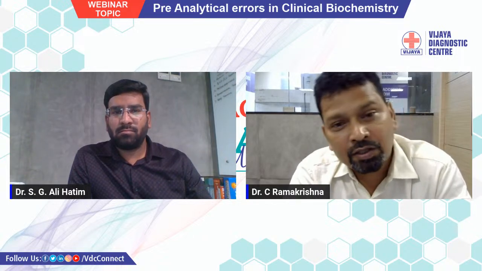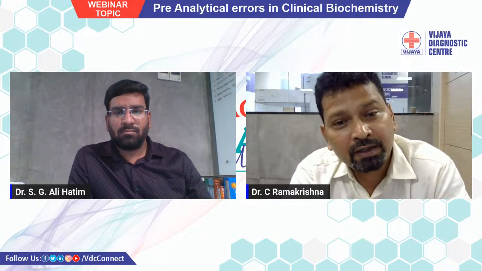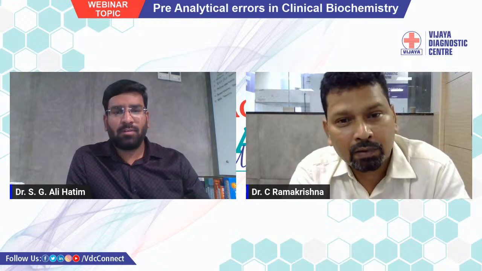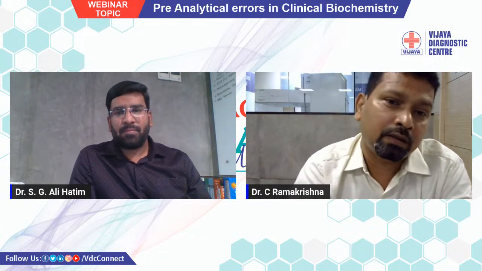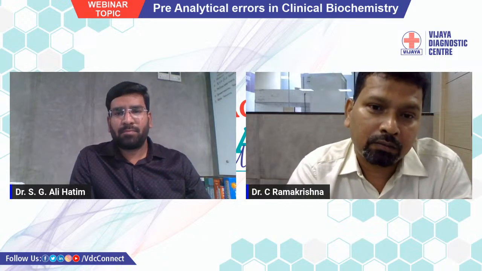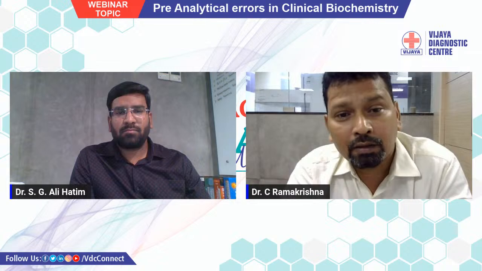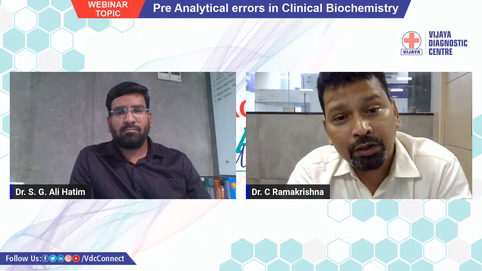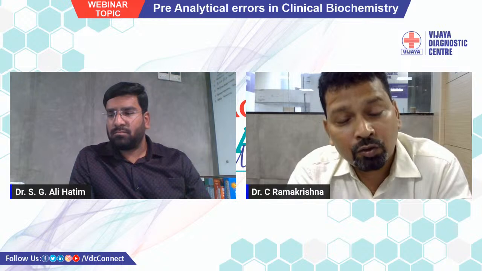So it's very essential that whenever you get an icteric sample, first you correlate clinically. If it's not correlating clinically, then there is some interference with the bilirubin, and the sample may be or should be rejected.